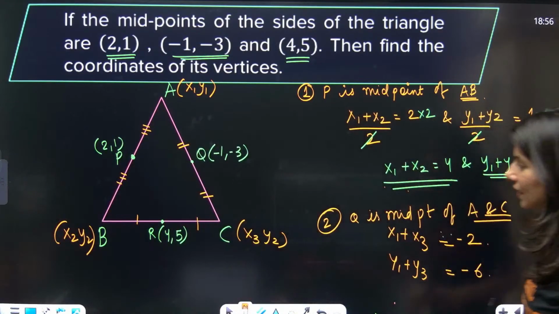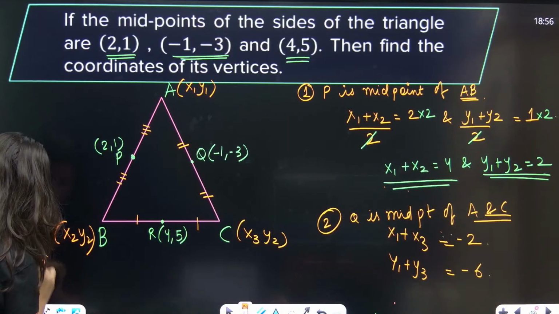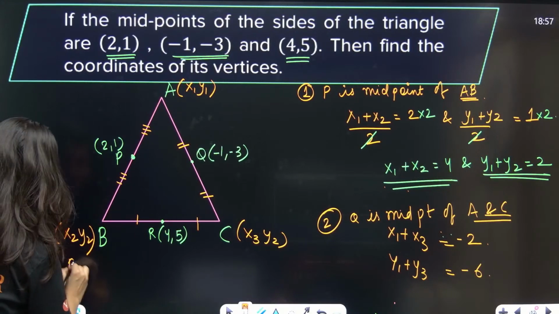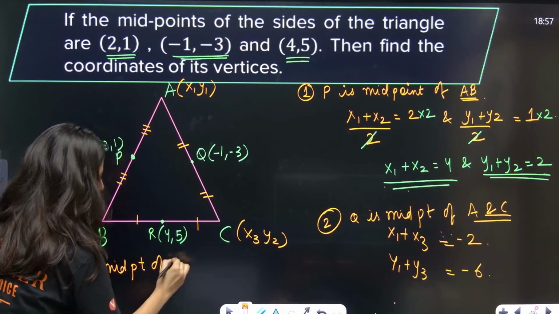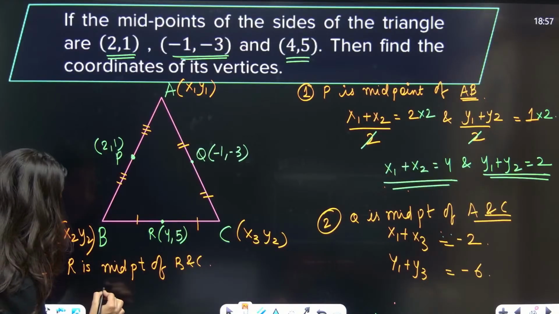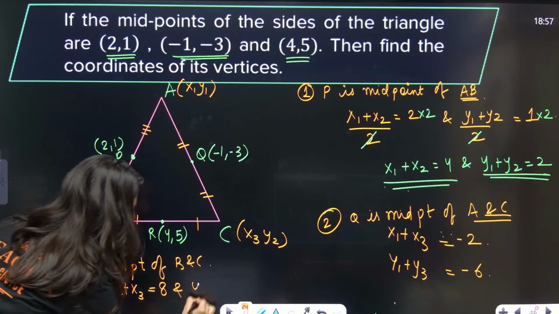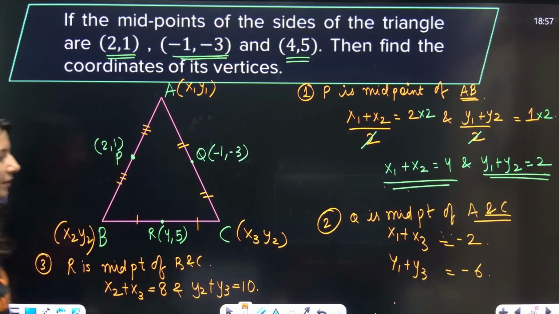Okay, now third. Let me write third over here. Third point, R is midpoint of B and C, everybody. So what can I write? x2 plus x3 is equal to 8 and y2 plus y3 is equal to 10.